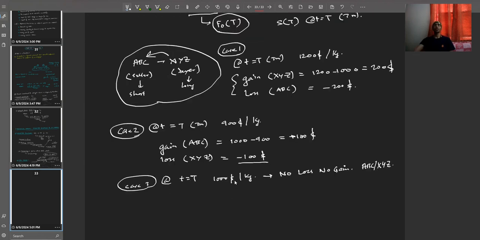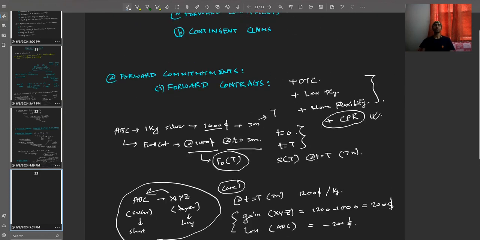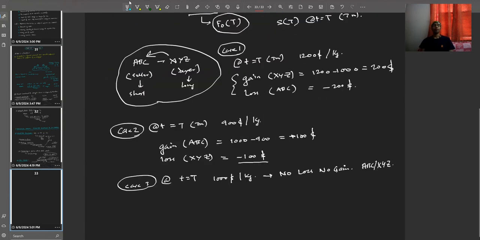Now you can draw a generalized formula for this. From these case studies, you can basically derive a generalized formula for forward contracts. The value to the long side of a forward contract at maturity is given by Vt is equal to St minus F0t.